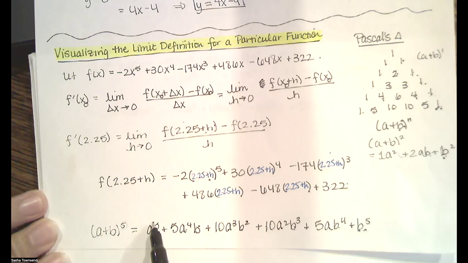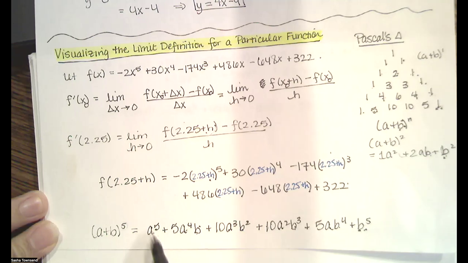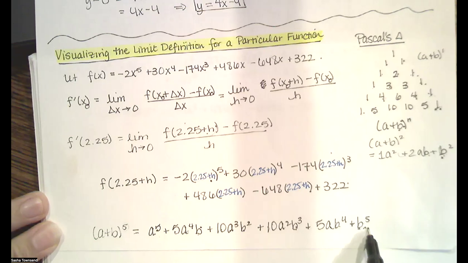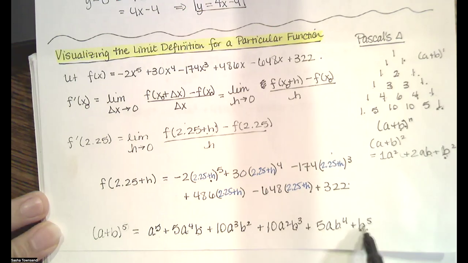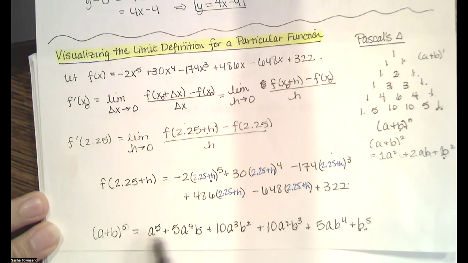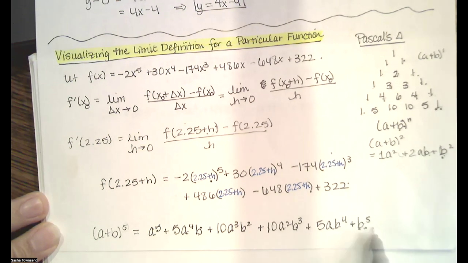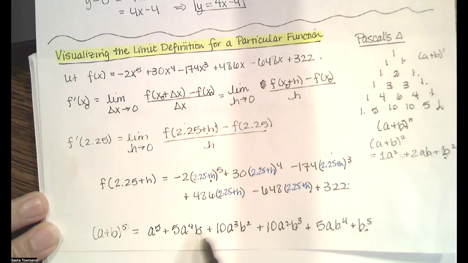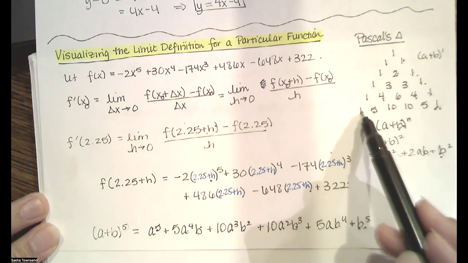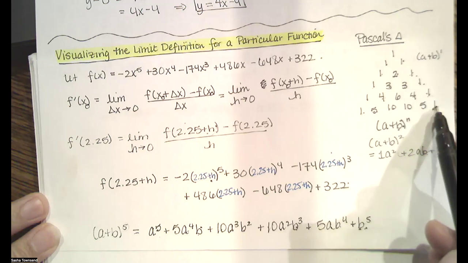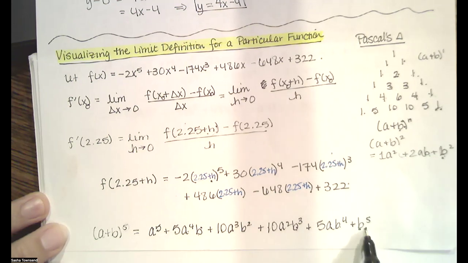There's just the one term. And then the powers of a will decrease as you go from left to right. So you have a to the fifth, a to the fourth, a cubed, a squared, a, and then a to the 0. And then as you go from right to left for the b's, you have b to the fifth, because that's an a plus b raised to the fifth. Then you have b to the fourth, b cubed, b squared, b to the first, and b to the 0. And then the coefficients of those terms are just given by the 1, the 5, the 10, the 10, the 5, and the 1. So those are our coefficients.